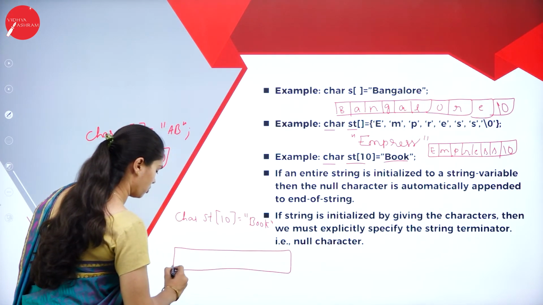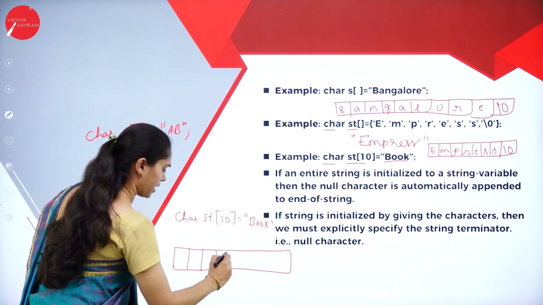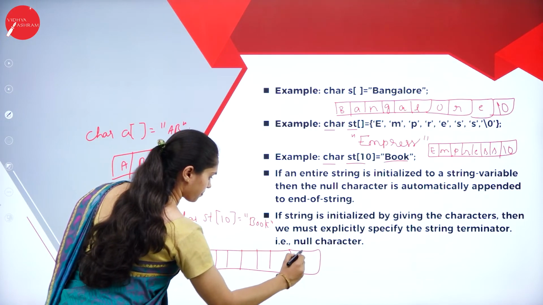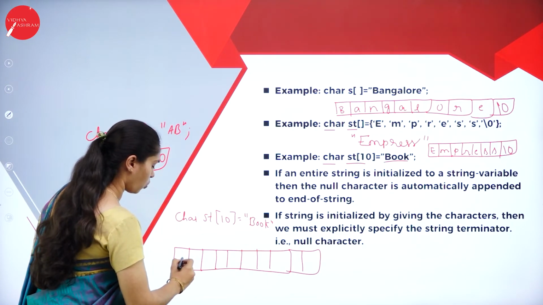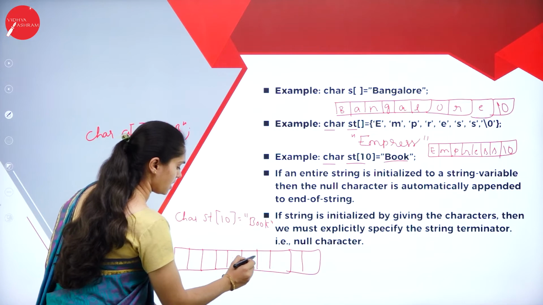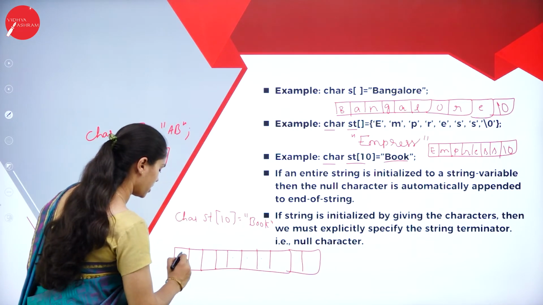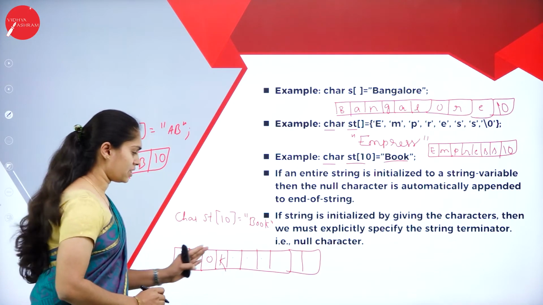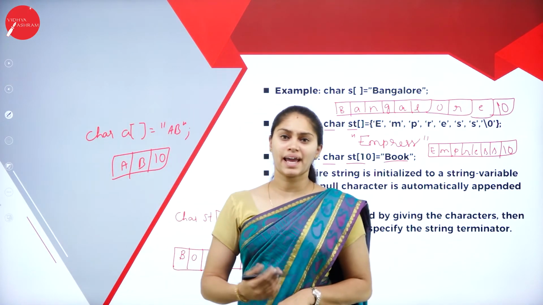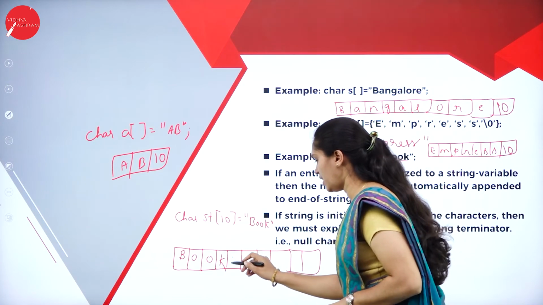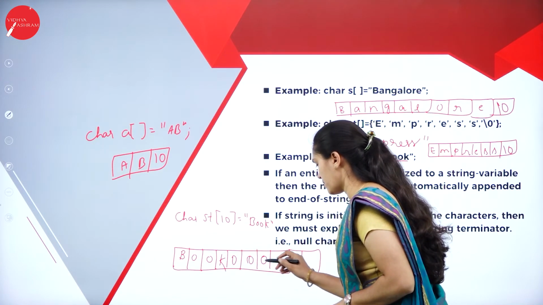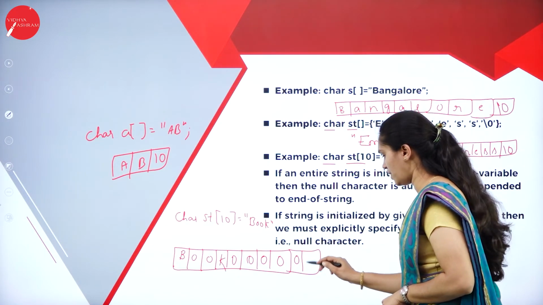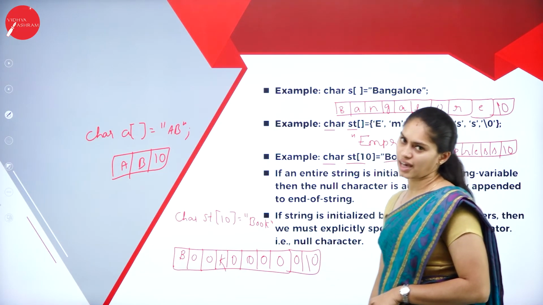In the computer memory, 10 bytes of memory space will be allocated: 0, 1, 2, 3, 4, 5, 6, 7, 8, 9. The first values are B, O, O, K. Whatever remaining positions we have will be filled by 0, but the last character needs to end with the null character.